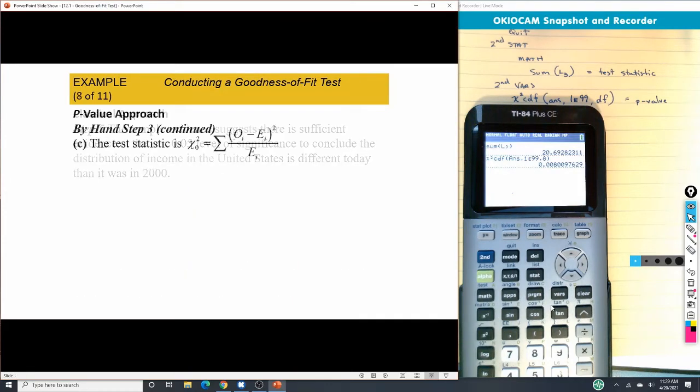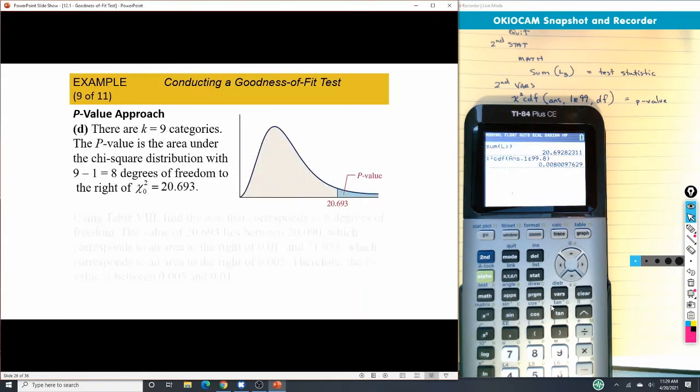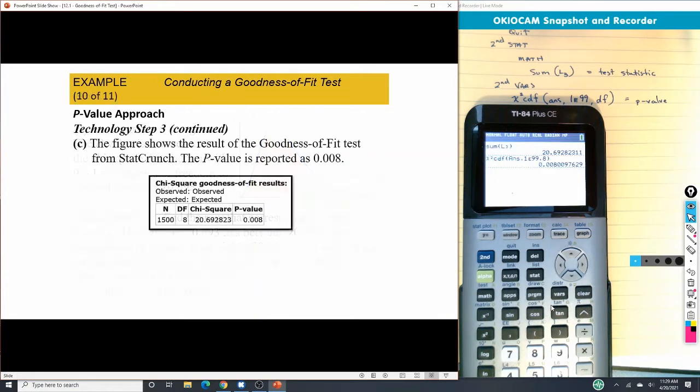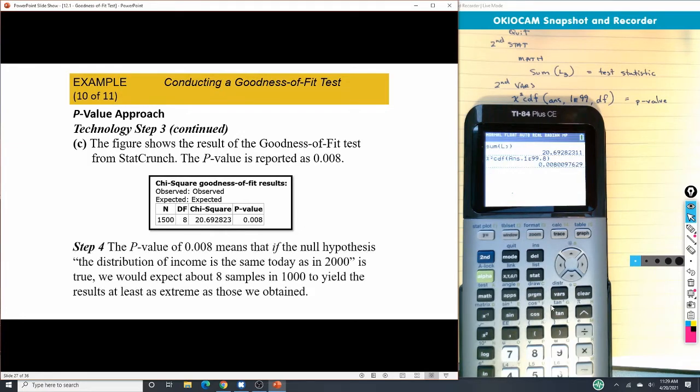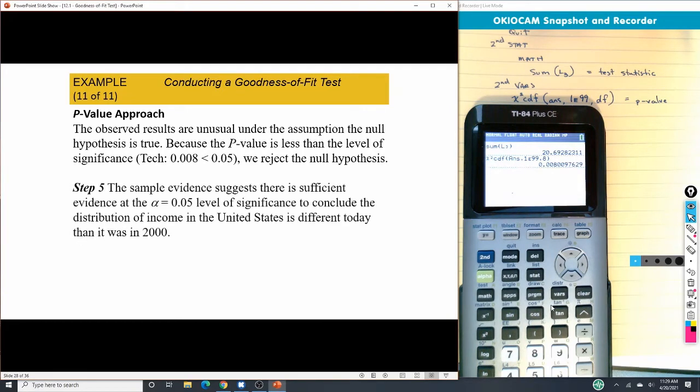Okay? Now, what about the p-value? They go through, again, they do all that same stuff, and they get this value, just like we did, 0.008 for their p-value. Well, that is less than 0.05, and so therefore we would reject the null hypothesis. Okay.